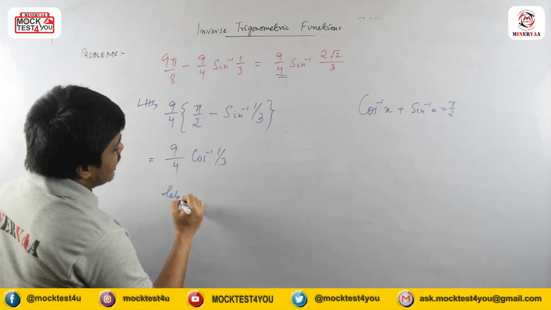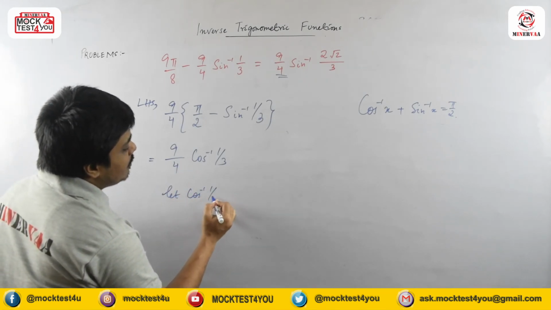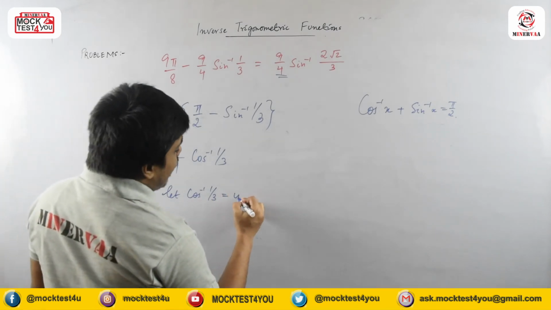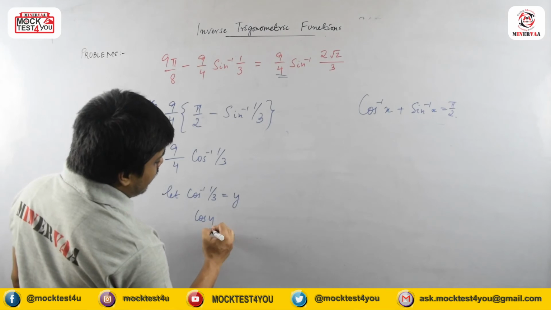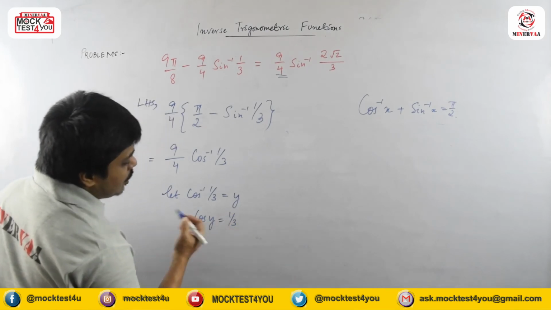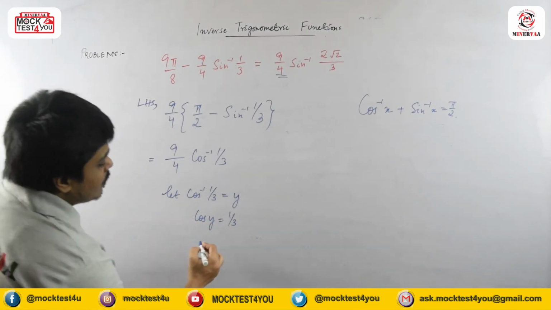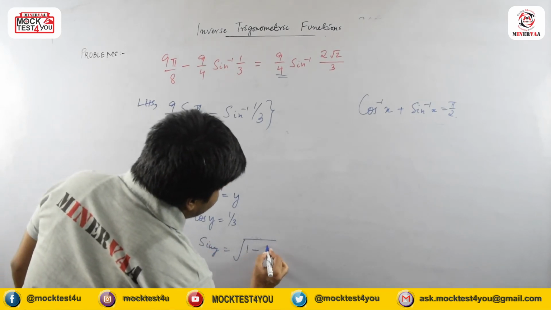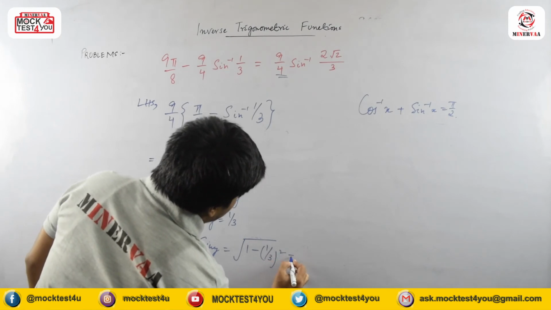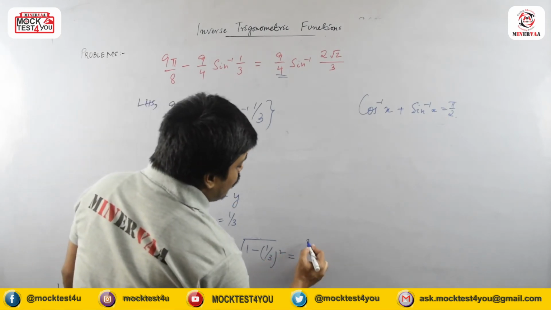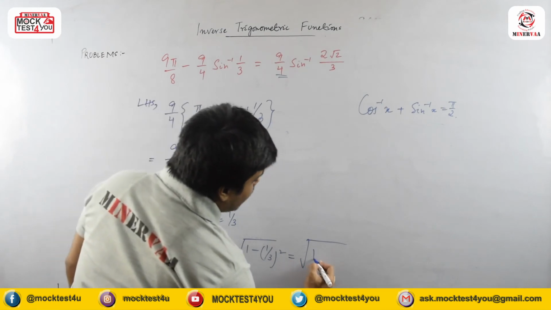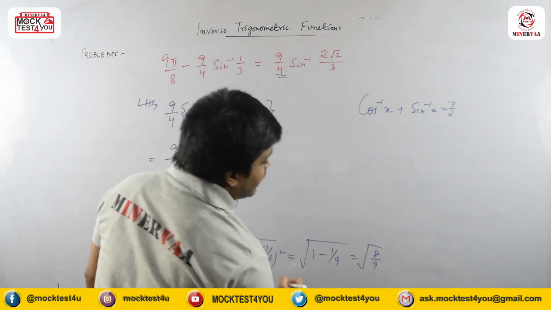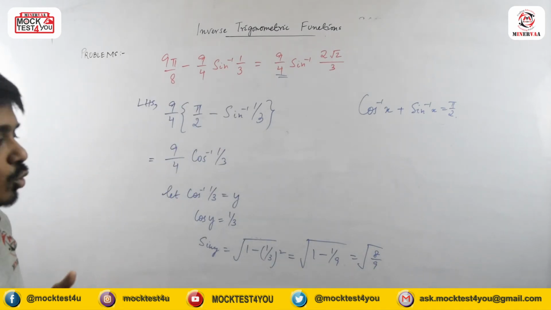We will write, let cos inverse 1 by 3 be equal to y. So cos y is equal to 1 by 3. So from here we need to find sin y. So sin y is nothing but root over of 1 minus 1 by 3 whole square, and that is root over of 1 minus 1 by 9. So we are getting square root of 8 by 9. Square root of 8 is nothing but 2 root 2.